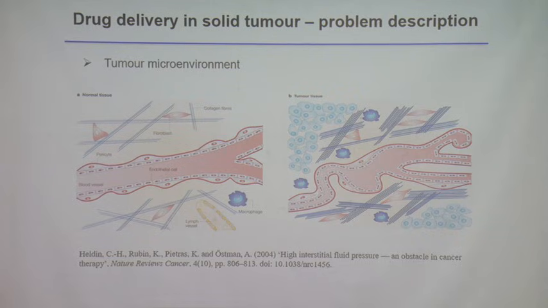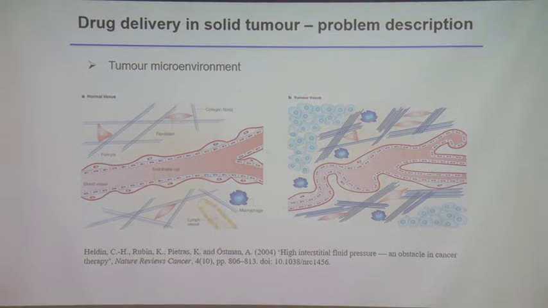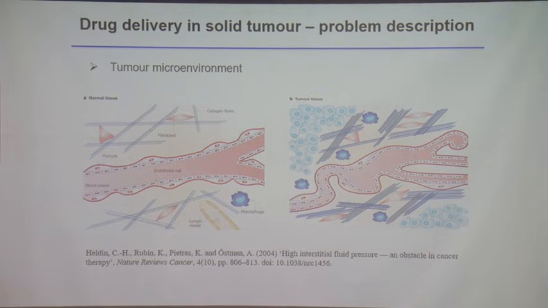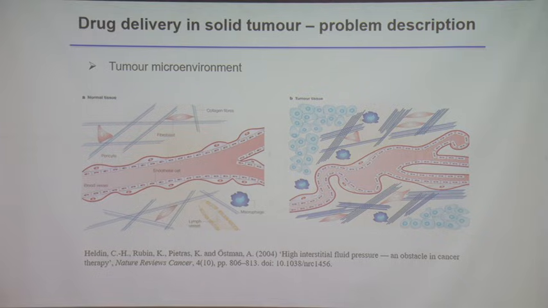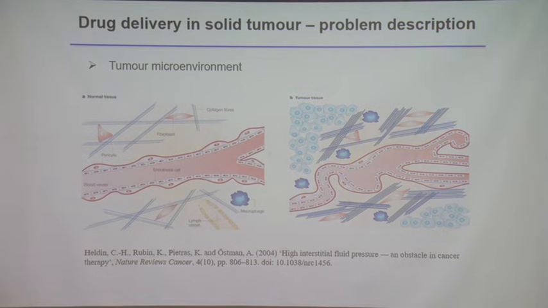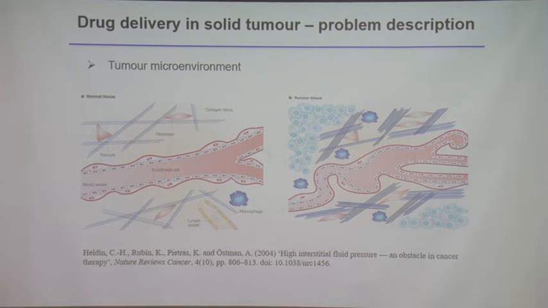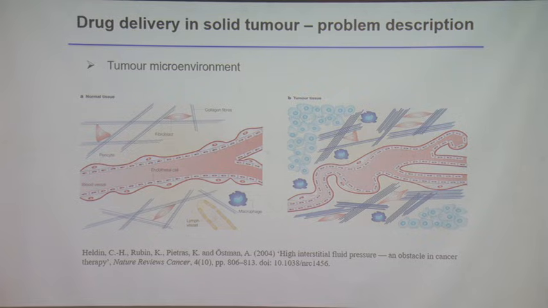If you look at this microvessel and the surrounding environment where the tumor cells sit, you have a comparison of the normal tissues and the tumor tissues. Normal tissue on the left, tumor tissue on the right, and you can see the more complex tortuous vessel structures, and some differences in the extravascular space where the tumor cells reside.